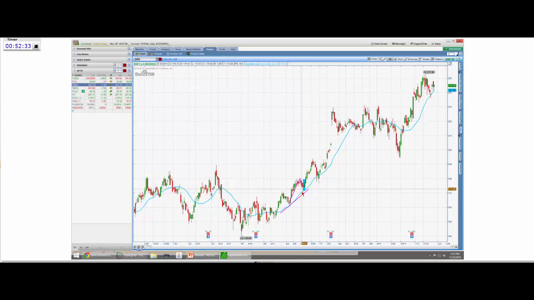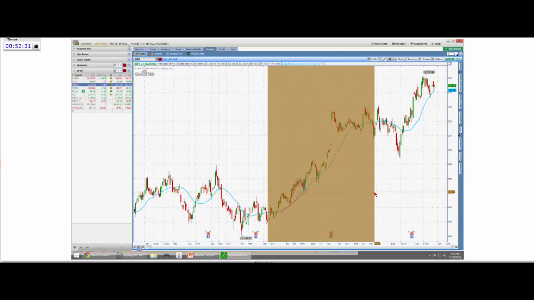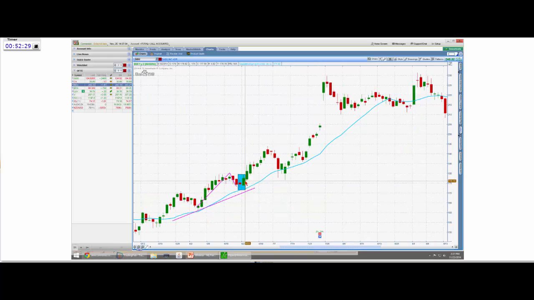We got a nice pullback, and right in here, I'll zoom in for you, okay, is a bullish engulfing bar. Remember, it's the body of this candle. It needs to completely engulf the body of that candle. But then for the actual trigger, you're looking for a trade above the absolute high of that engulfing bar. Okay? And your stop will go just below the low of that bar.